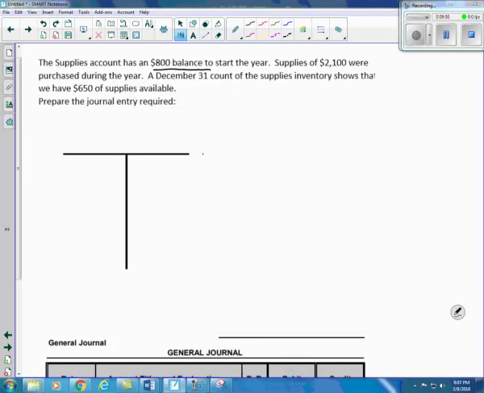So I am going to write supplies again at the top here, and I have debits and I have credits, and I'm told I have an $800 balance. We know that supplies is an asset account. The normal balance of an asset is a debit, and so I am going to put that beginning balance over here on the debit side of the entry.